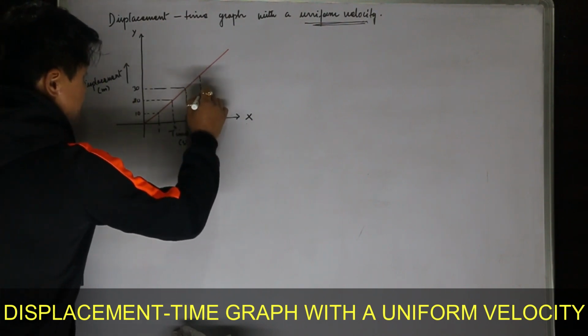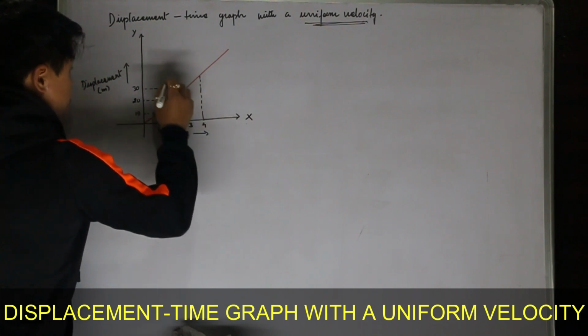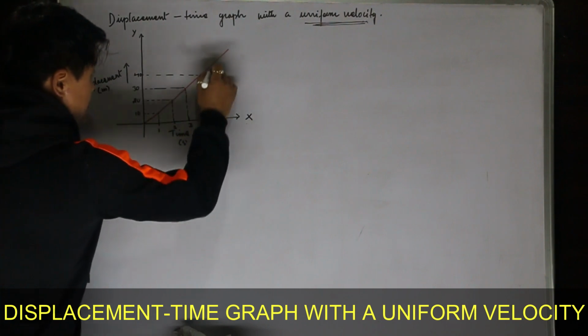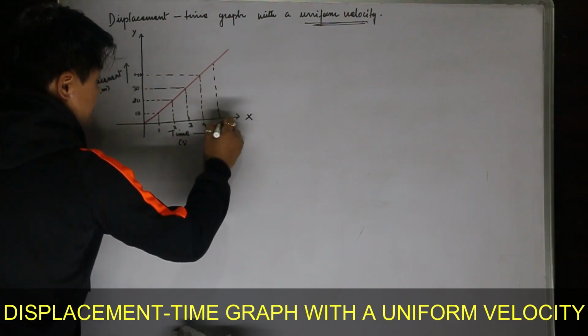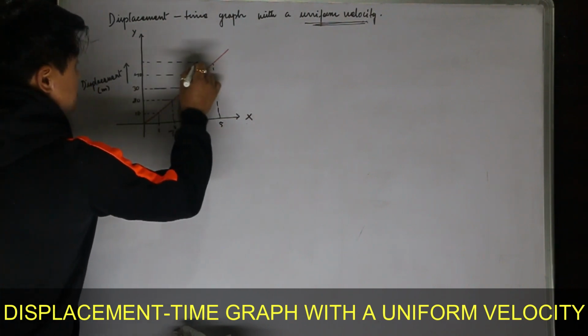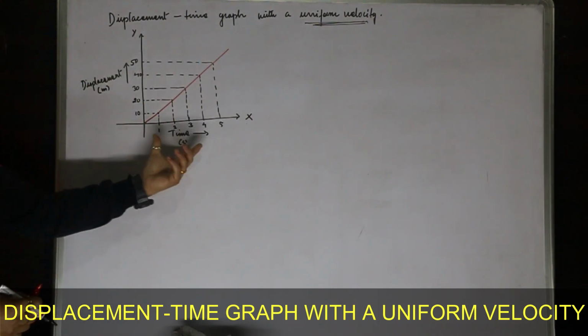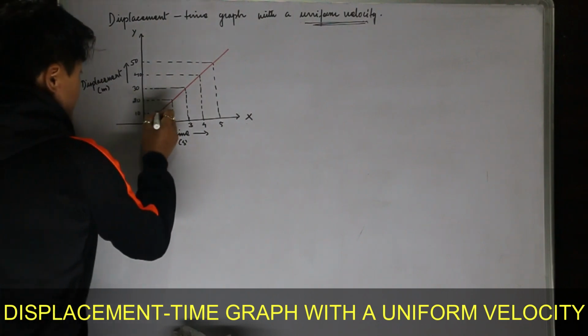In 4 seconds the displacement of the body will be here 40. In 5 seconds the displacement will be 50 meters.